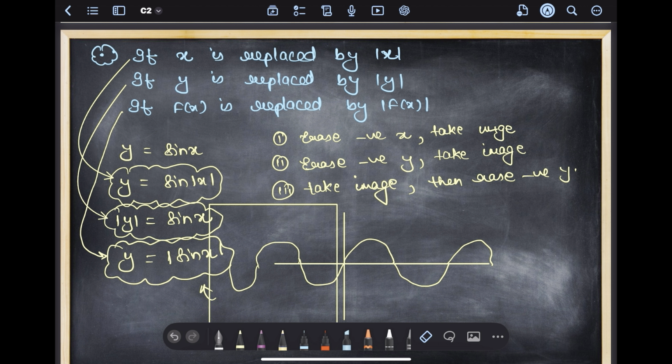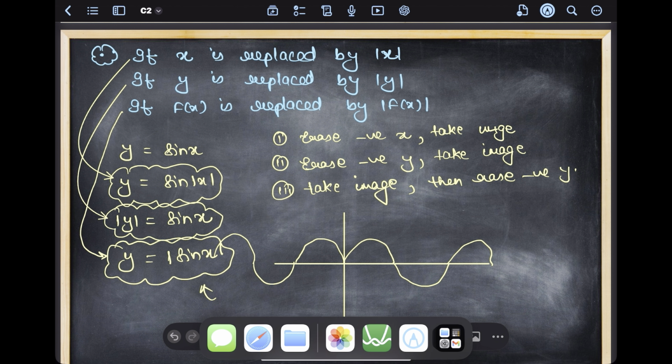Okay? So you erase. Done with the erase part. Now you have to take image. So you have to consider this as the reference line and then take image. So if you take image, your graph will look like this. So this is the graph of sin mod x.